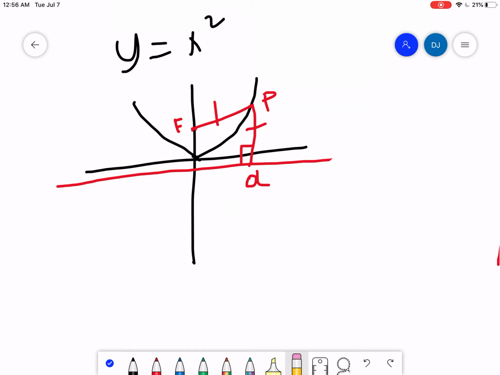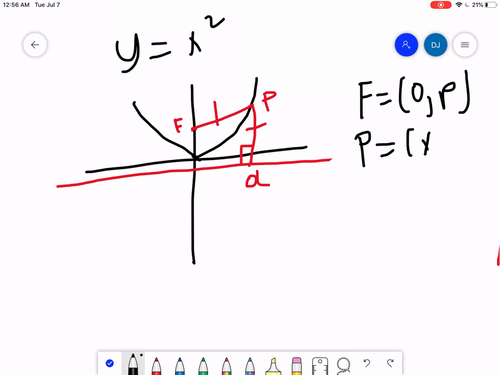So to derive this, what we're going to do is we're going to assign F coordinates of (0, p), and then we're going to assign the arbitrary point P coordinates of (x, y), and then we're going to assign point D coordinates of (x, negative p). This is going to be x, negative p.